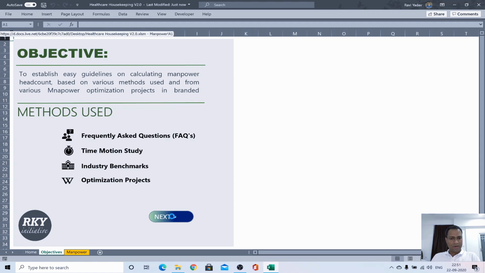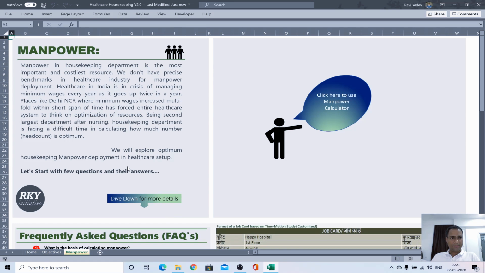Going to the manpower. The housekeeping team in healthcare is the second largest workforce after the nursing team, and there is a huge cost involved. Minimum wages are increasing twice a year, which is putting additional pressure on healthcare.